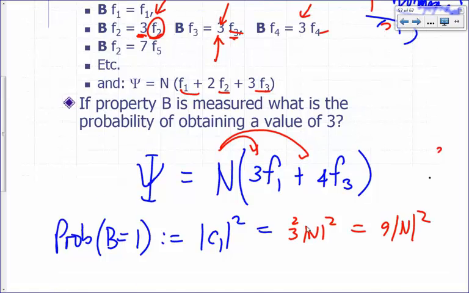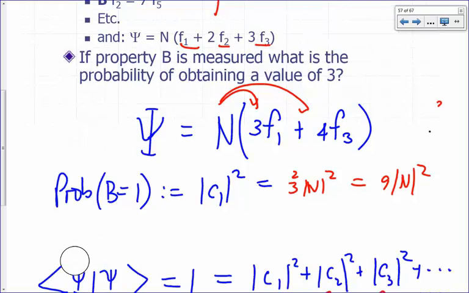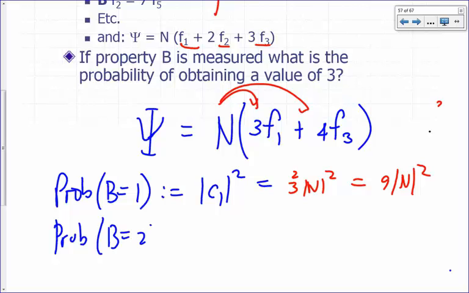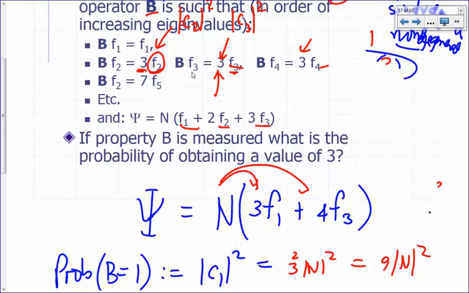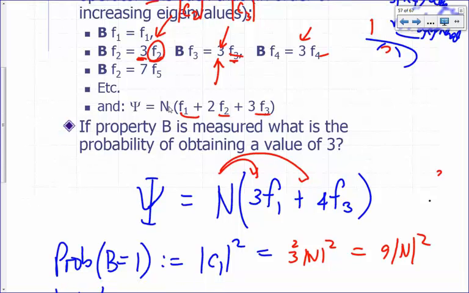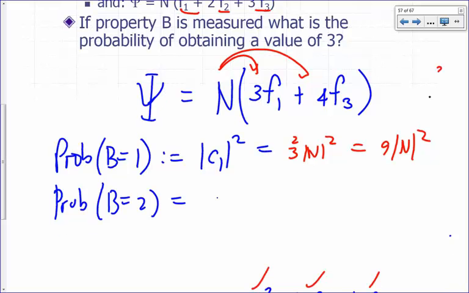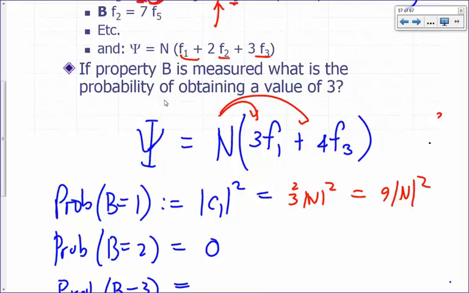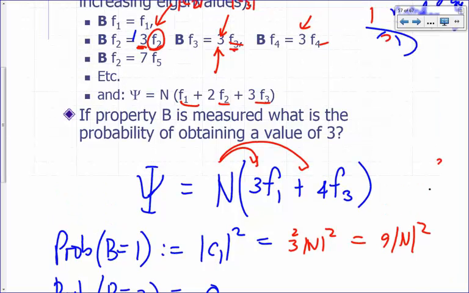What's the probability that you're going to get B equals 2? There's no eigenfunction that has an eigenvalue of 2. An eigenvalue of 2 is not allowed, right? So 0. What's the probability that you're going to get B equals 3? There are 3 eigenfunctions that have an eigenvalue of 3.